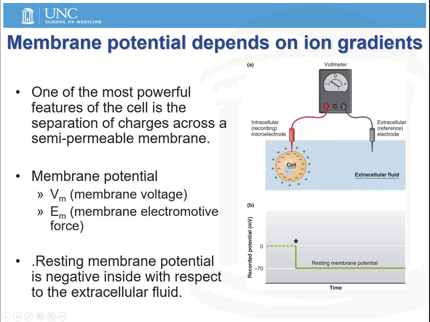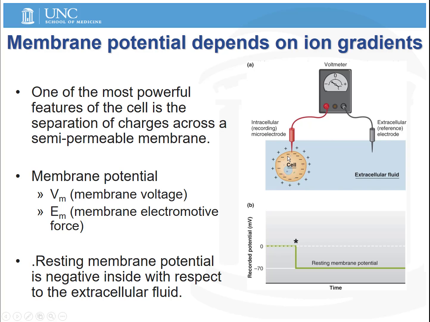That separation of charges across the plasma membrane is extremely powerful, as we'll see. Voltmeters are able to measure the difference in voltage between an intracellular electrode and an extracellular electrode. The extracellular electrode is always the reference point, and we measure the intracellular voltage compared to that extracellular reference.